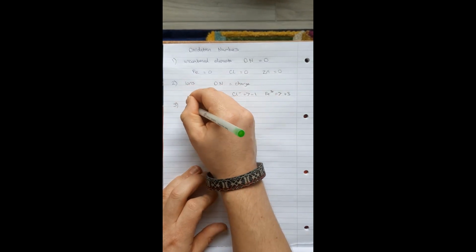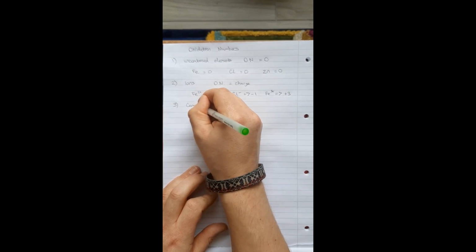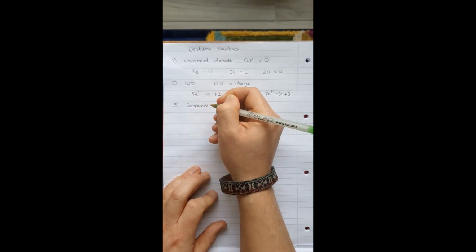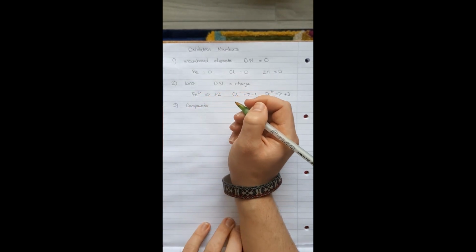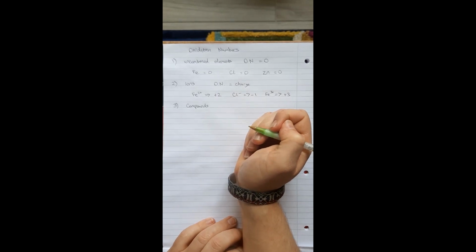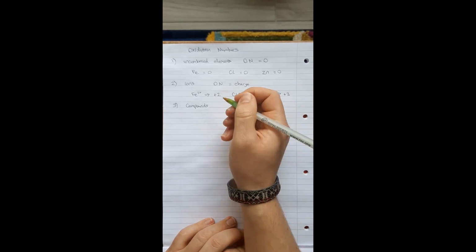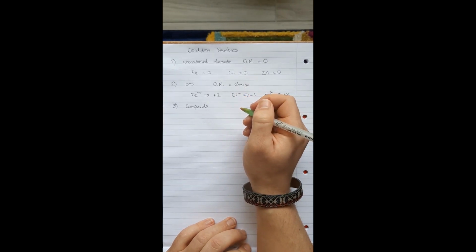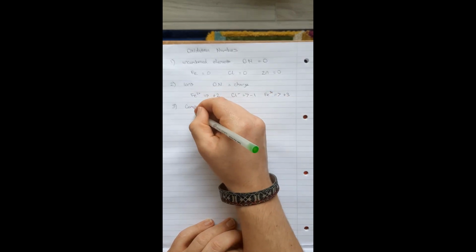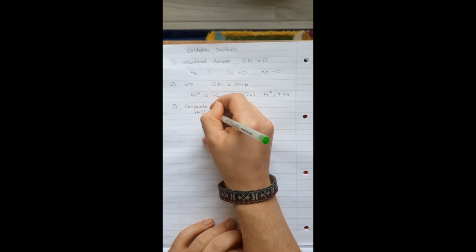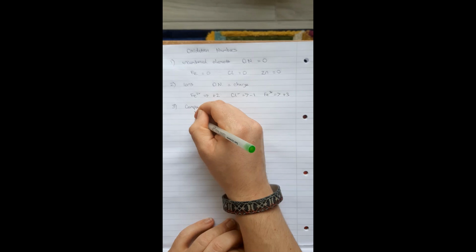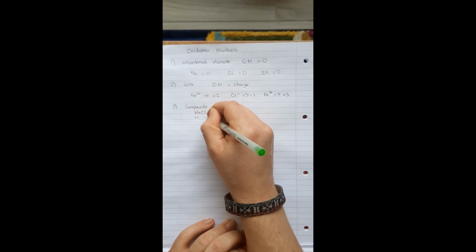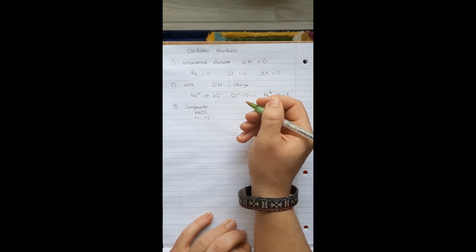The third rule then looks at compounds. And basically for this, it says that the sum of the oxidation numbers of the elements should add up to 0 in a compound. So if you have a compound like NaCl, then the Na has a +1, the chlorine has a -1, and that adds up to 0.